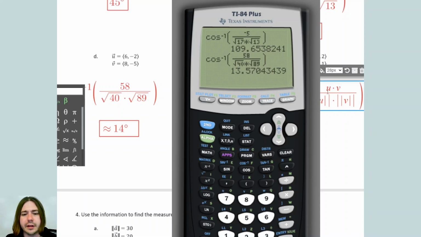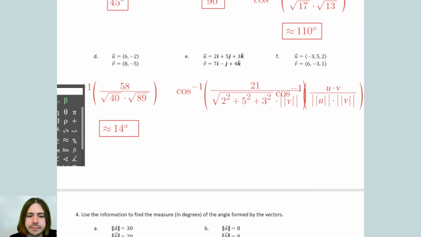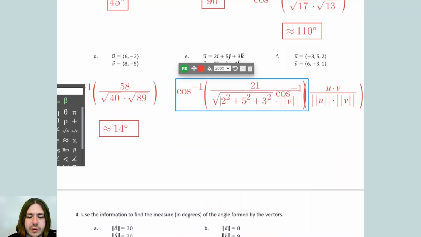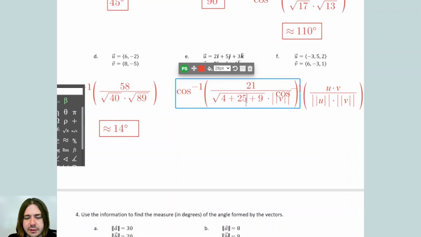So 2 squared is 4. 5 squared is 25. 3 squared is 9. 4 and 25 is 29, plus 9 would be 38. So that would be the magnitude of vector u.